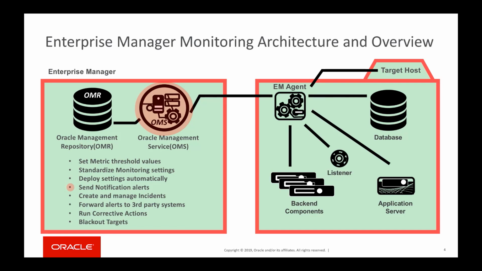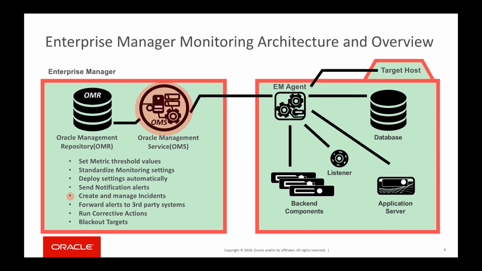Once the monitoring starts and there is a problem found in your target, for example, CPU is overloaded, memory is overconsumed, tablespace is full, or the target is down, you can configure EM to send notification alerts. You can send alerts to your mailbox or to your pager, or send them to another server via OS command or SNMP trap.